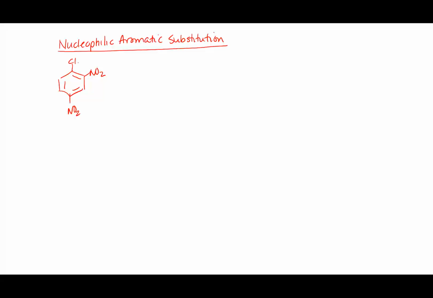I'm going to substitute that chlorine. I could substitute it for an NH2, except normally I would write this as NH2 minus, would be what I would react, but if I have NH3 there, it's the same thing. I'm going to go ahead and substitute that chlorine and add an NH2 group to it.